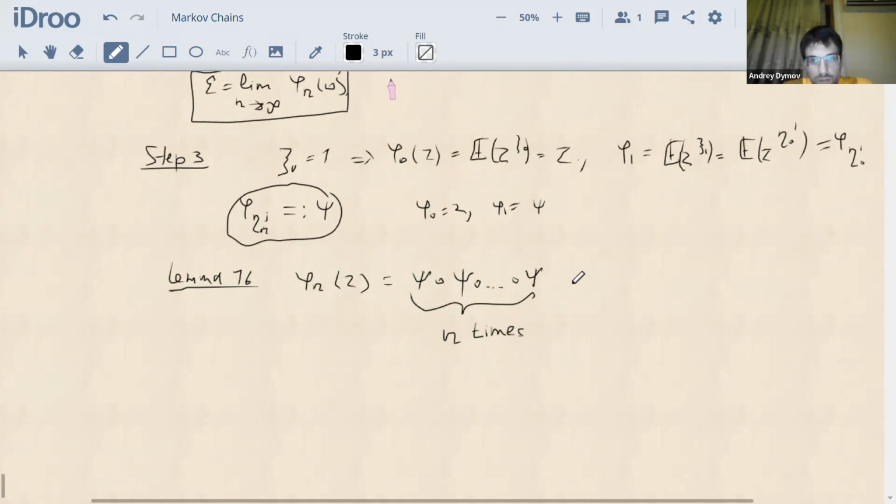Let me write it as psi composition power n. This is just the notation.